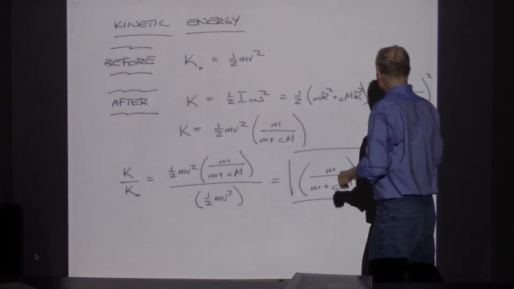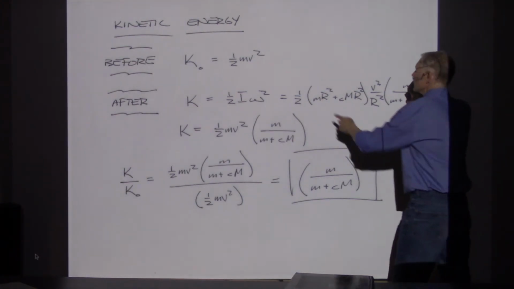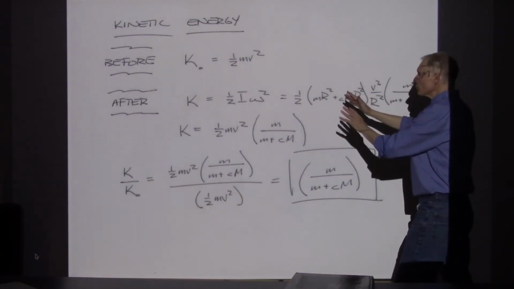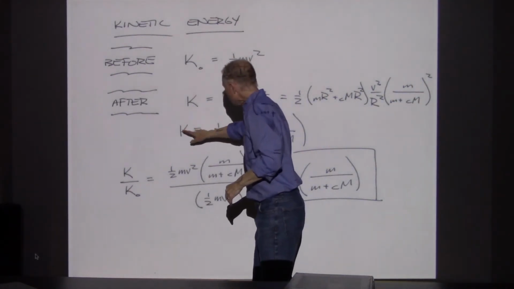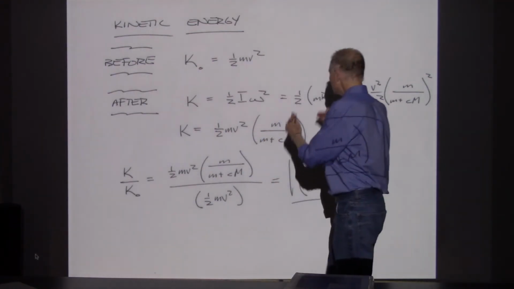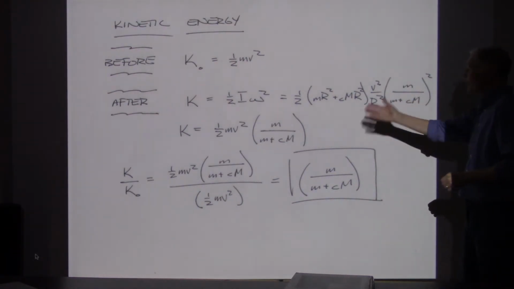And so then I factored out, I realized I have a factor of m, a factor of 1/2, and a factor of v squared. I factored all that out, so I've got the rotational kinetic energy as 1/2 mv squared times that factor.